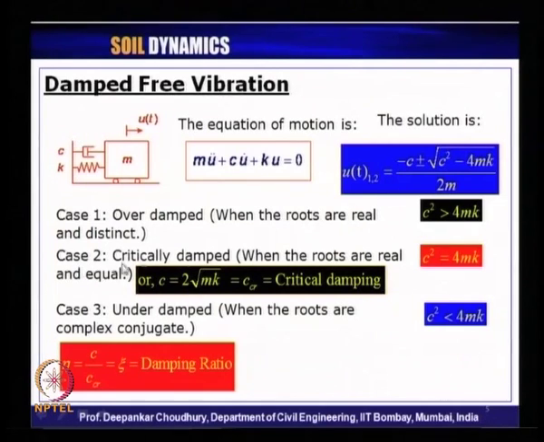The second case, when the roots are real and equal with the condition of c square equals 4 m k, is called critically damped free vibration. And the third case, with roots as complex conjugates, arising due to c square less than 4 m k, is called under damped free vibration.